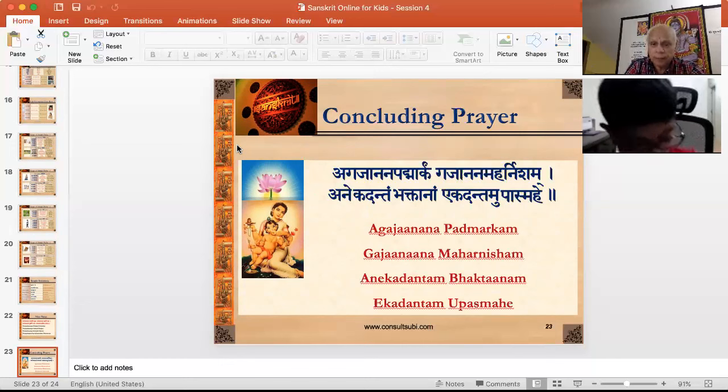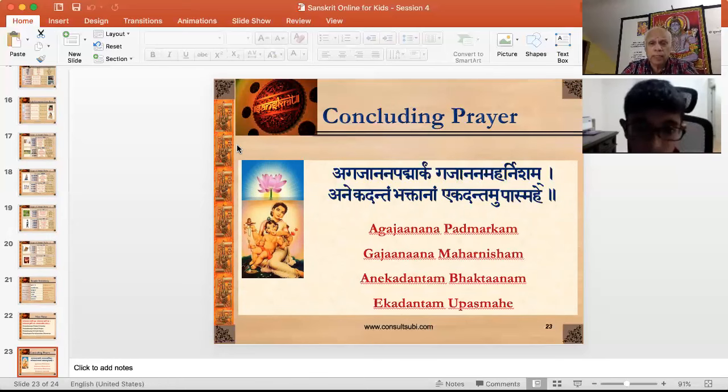Parvatam is mountain. Parvati is Ganesha's mother. You see in the picture, Ganesha's mother is holding Ganesha in her lap. He is the son of Parvati, who is the daughter of Himalayas, Agajanana.